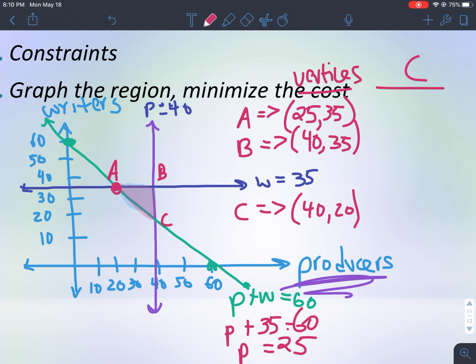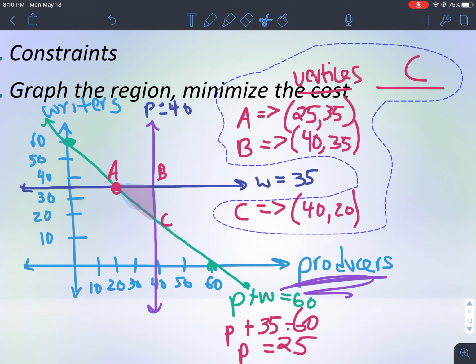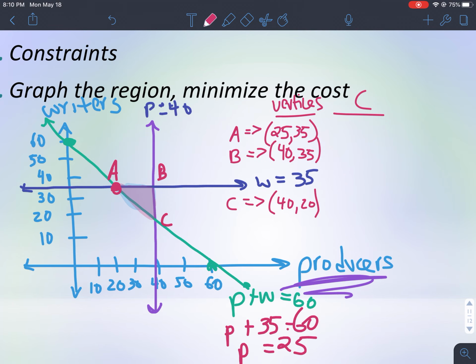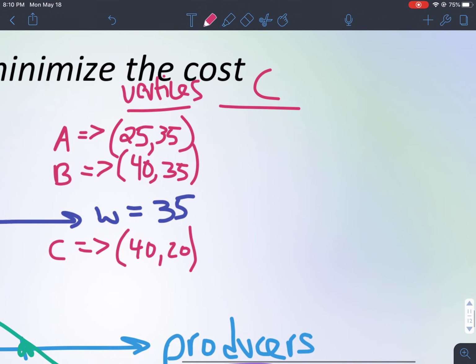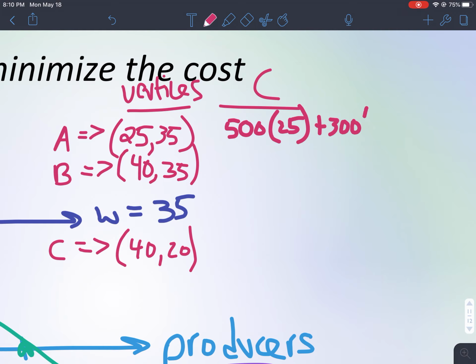The cost for vertex A is going to be 500 times 25 plus 300 times 35, and that's going to be 23,000.